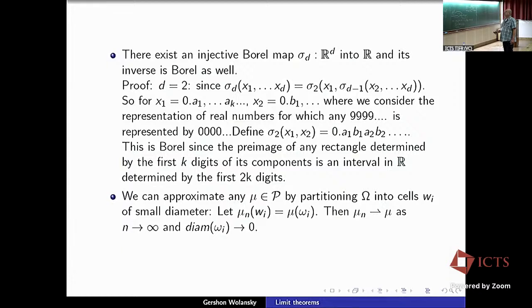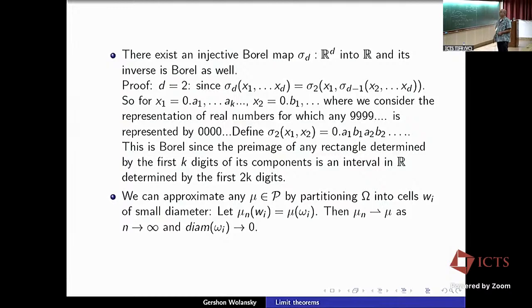And so we can replace mu by some measure mu n. This is the same thing, it should be W_i, not omega I. So mu n is just a measure which gives for any part W_i the same measure as mu. I don't specify what mu n does inside the set W_i.